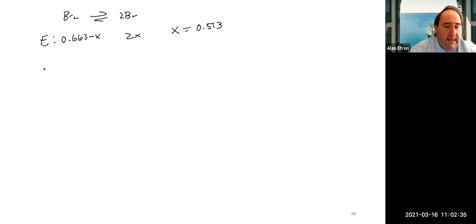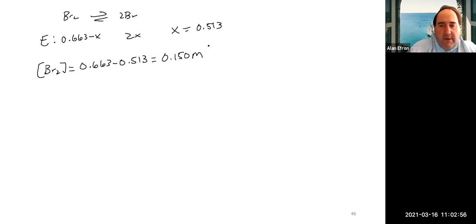Those would go back in, which means that the concentration of Br2 at equilibrium is 0.663 minus 0.513. That is going to get us 0.150 molar as our concentration for Br2 in this case.